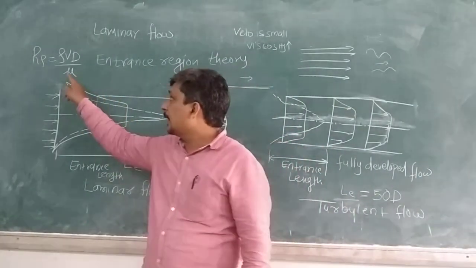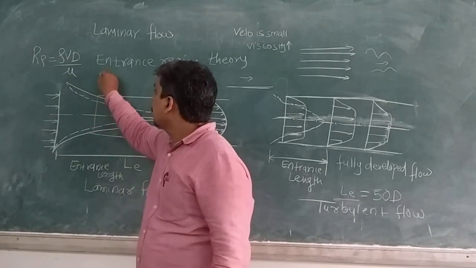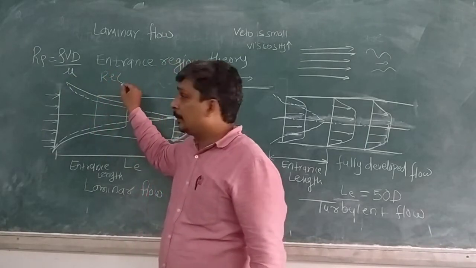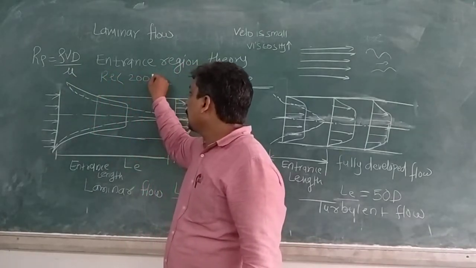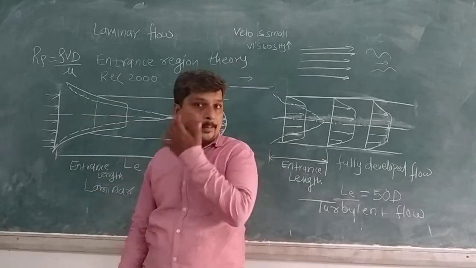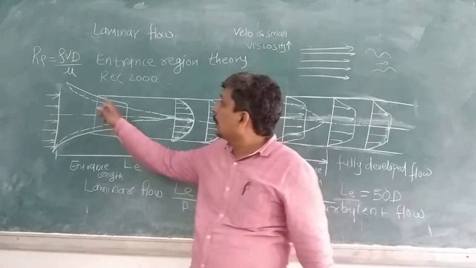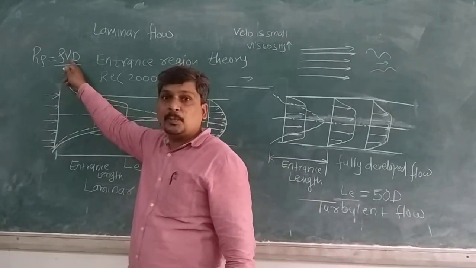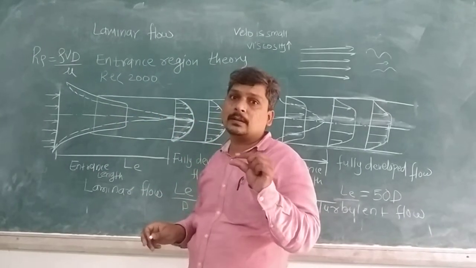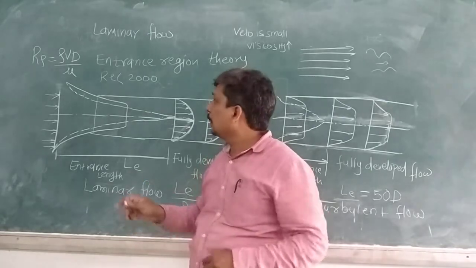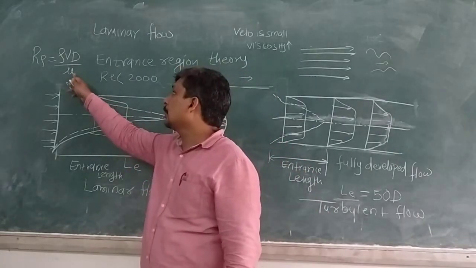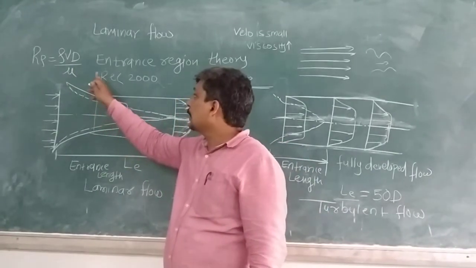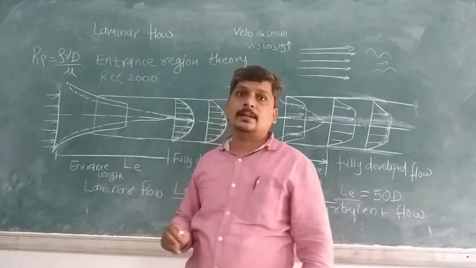So we can consider that if the Reynolds number for pipe flow is less than 2000, the flow is laminar. If density is smaller, velocity is smaller, diameter is smaller, and viscosity is more, as it is in the denominator, then the flow is laminar.